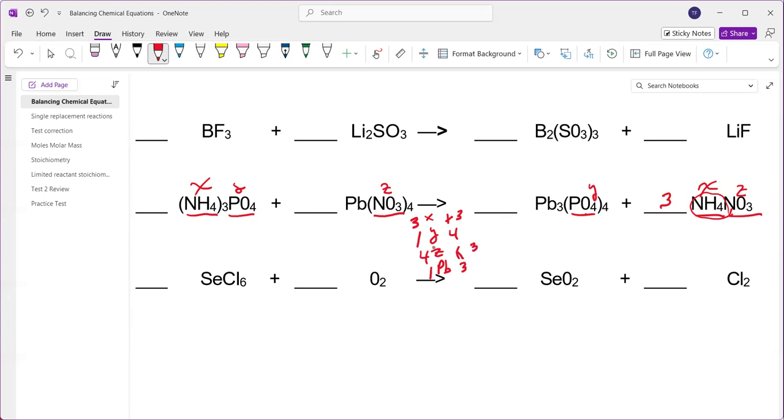Okay, so it's not balanced yet, so what are we going to do next? We'll put a 4 over here. Now that changes the X's though. X becomes what? 12.